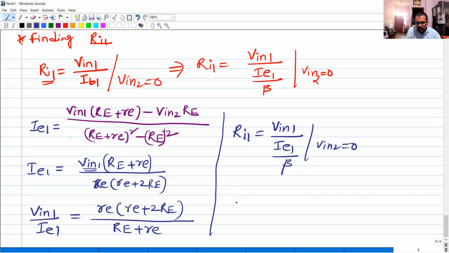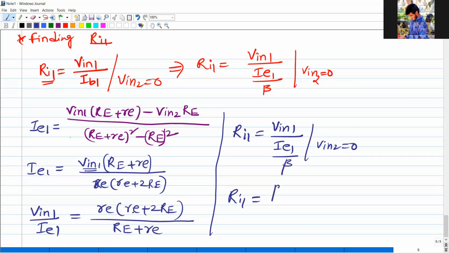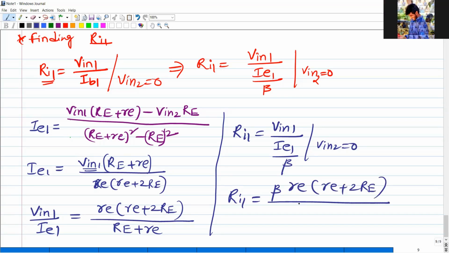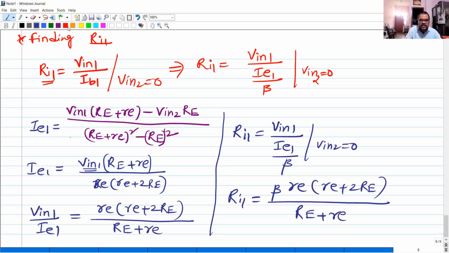The beta comes down and goes up automatically, so beta into this entire term, RE plus 2RE into 2RE by RE plus RE. This is the equation of RI1.